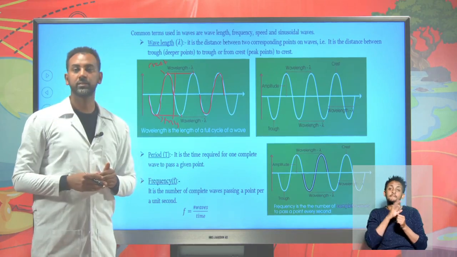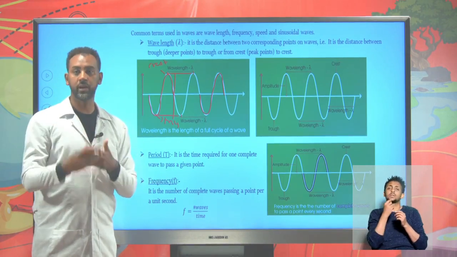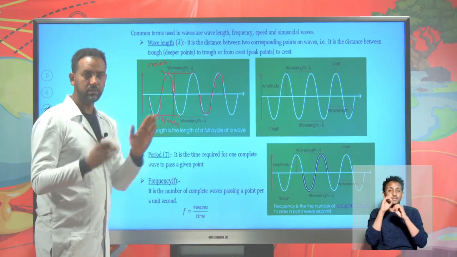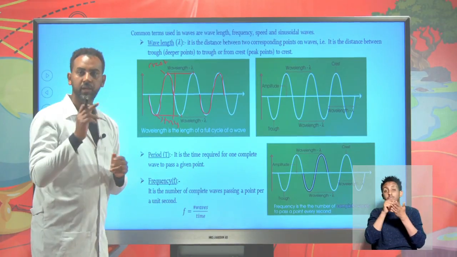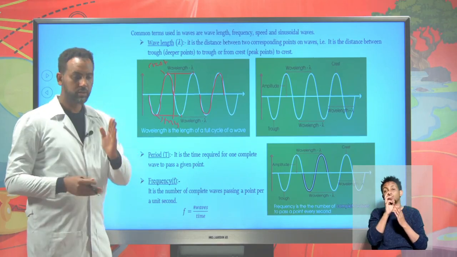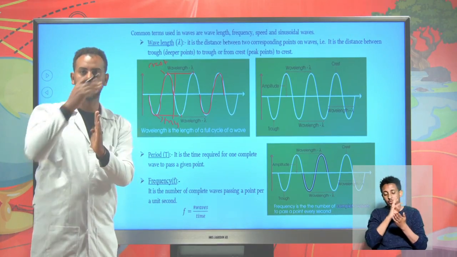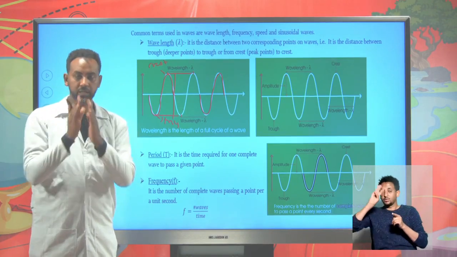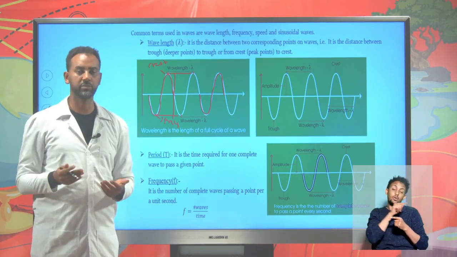And frequency measures the recurrence of something. Suppose you are observing waves passing a given point and you try to count the number of waves. As one wave passes, you count it. So you record the number of waves passing that single point per unit time t.